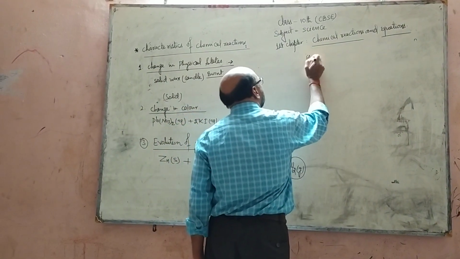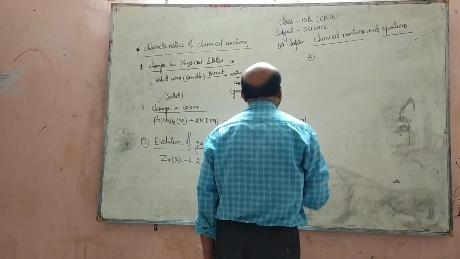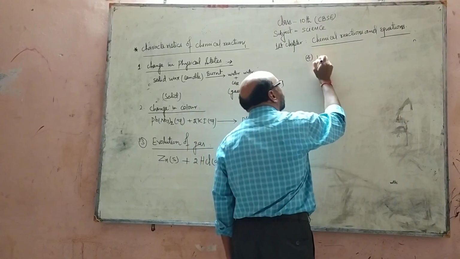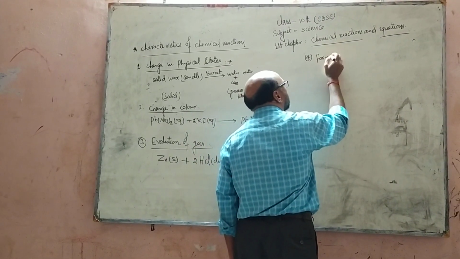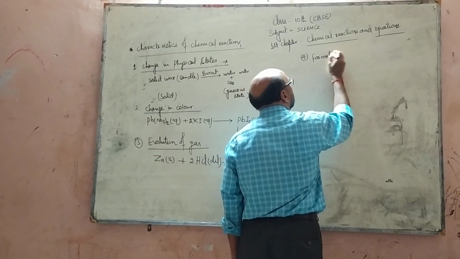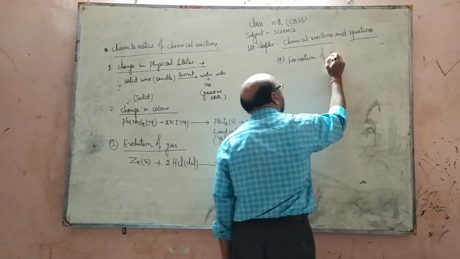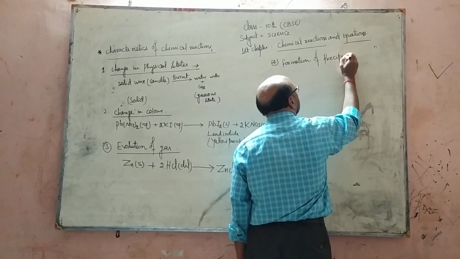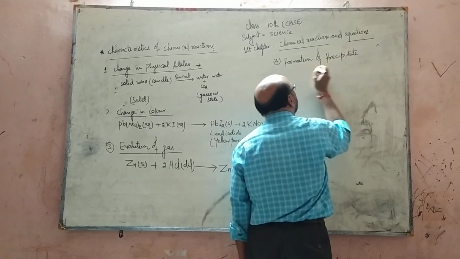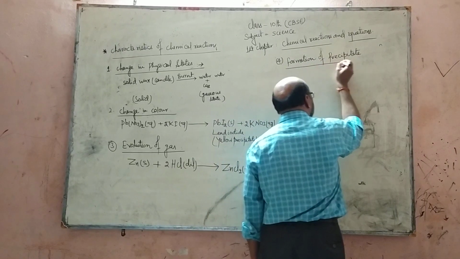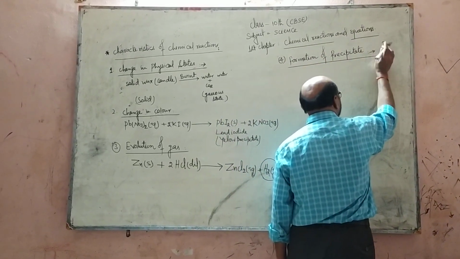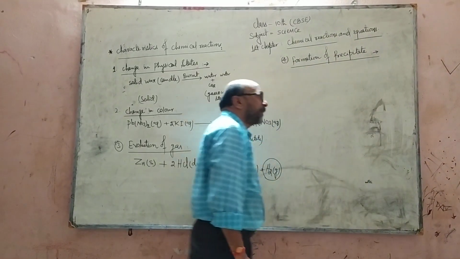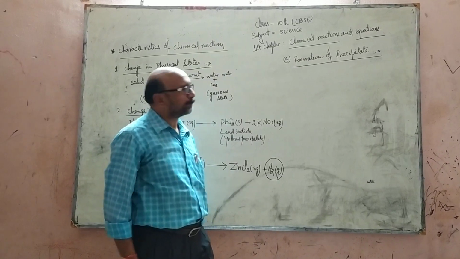Next characteristic of the chemical reaction is formation of precipitate. This reaction in which precipitate is formed is also called precipitation reaction.